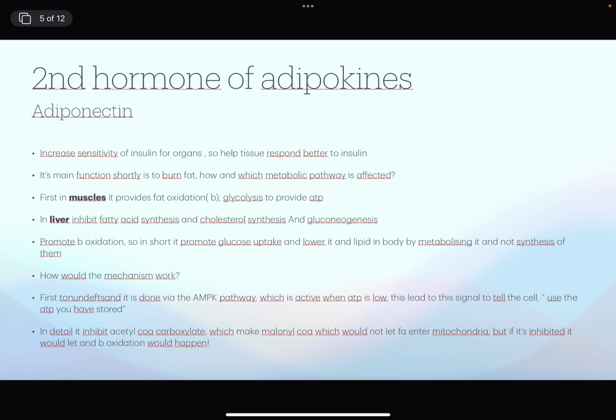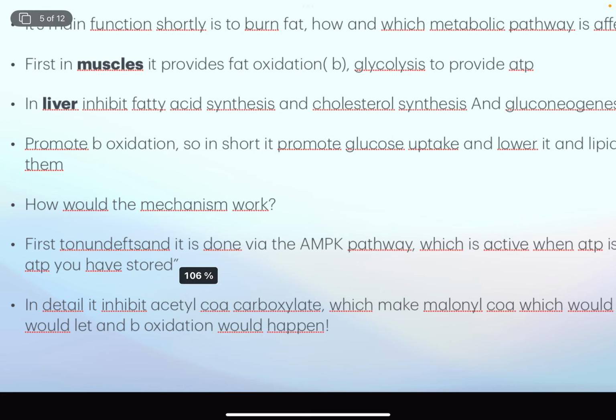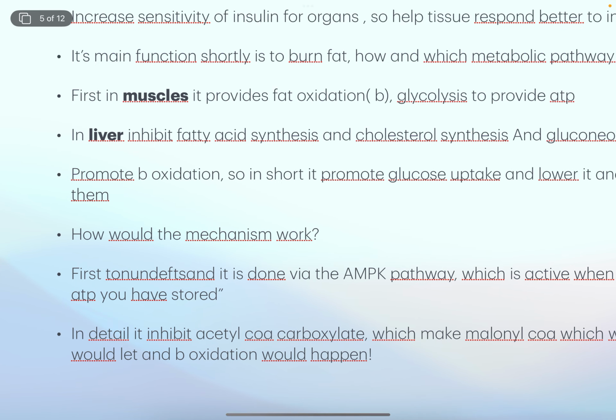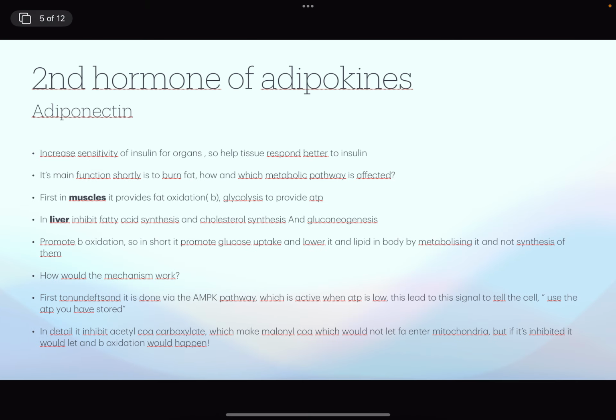So if we inhibit it, then fatty acids would enter the mitochondria, and we know that fatty acids in mitochondria lead to beta oxidation. That's why adiponectin is a very important signaling molecule, because it will provide beta oxidation. And this is actually very good for people who are struggling with obesity, type 2 diabetes, and insulin resistance.